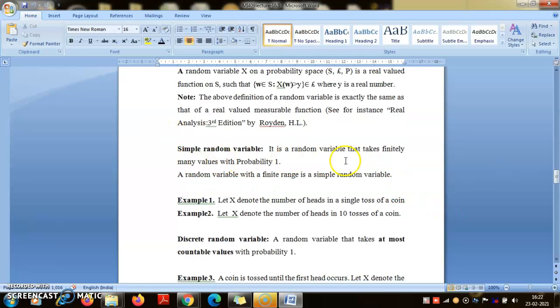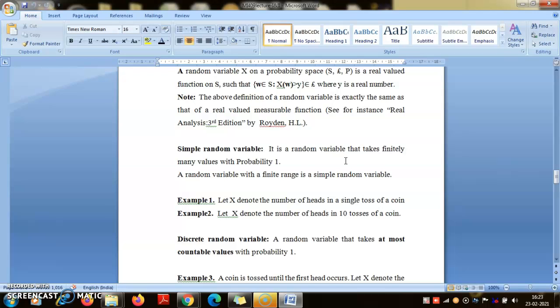Now simple random variable: the concepts are analogous. You have heard of a simple function, right? Similarly we have a simple random variable. This is a random variable where the range is finite with probability 1. That means it is taking only finitely many values. Suppose X(w) is either 0 or 1. Then that will be a simple random variable.